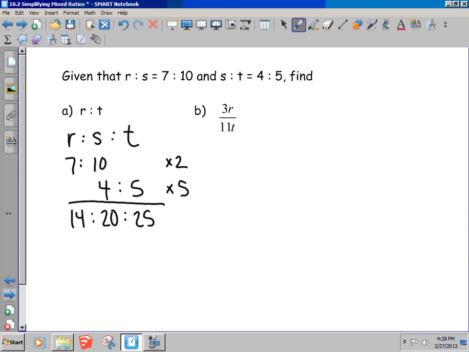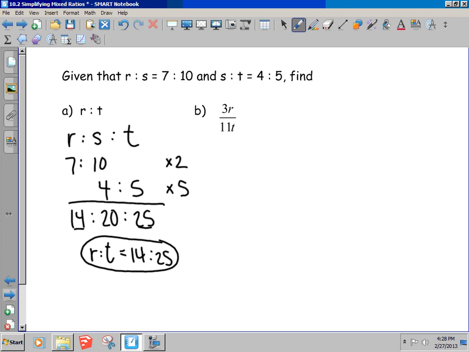So the ratio of R to T: R is 14, T is 25, the ratio is 14 to 25. Did I get it right?